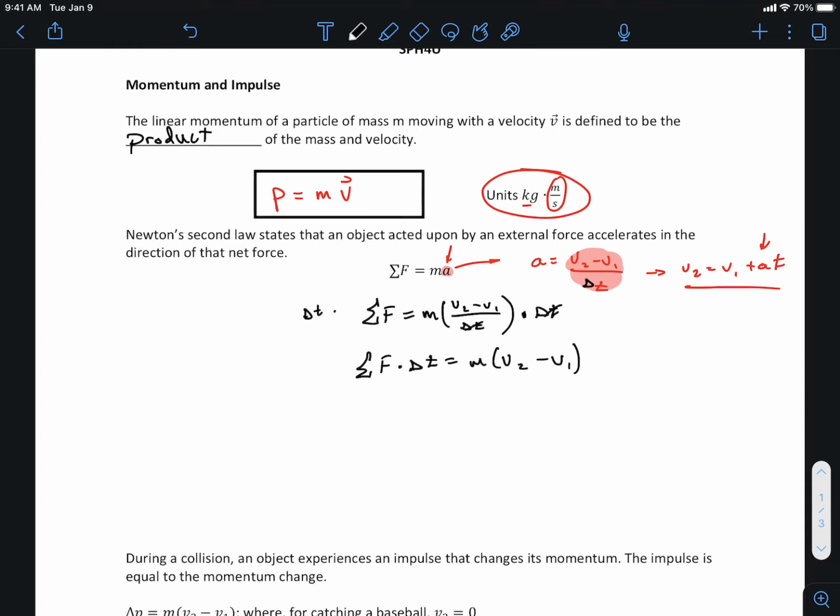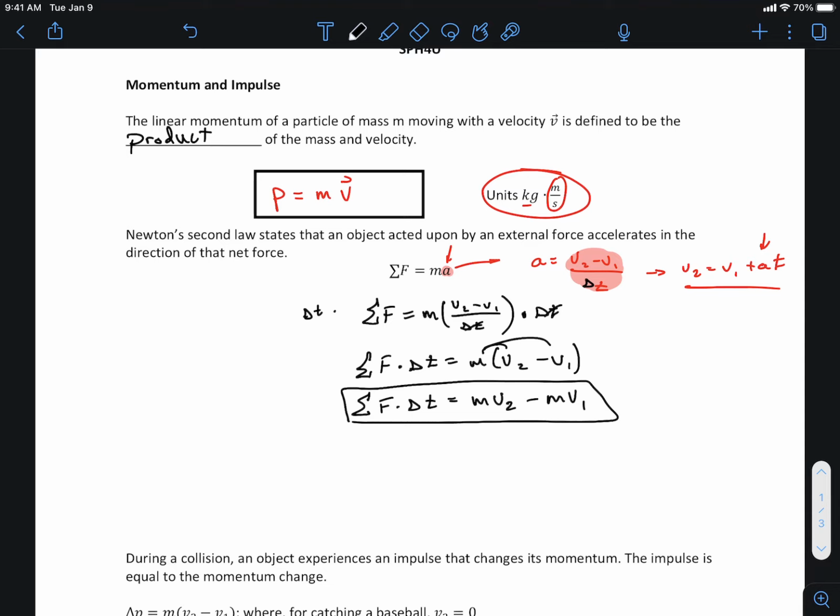If I go one step further, I'm just going to distribute the m into the brackets, and we arrive at something that looks a lot like this. Well, what does this mean?